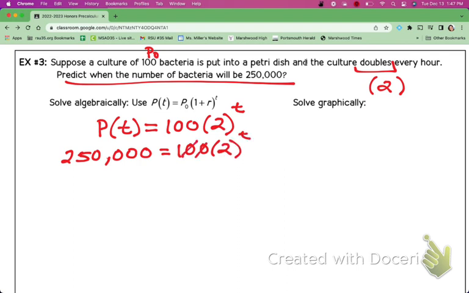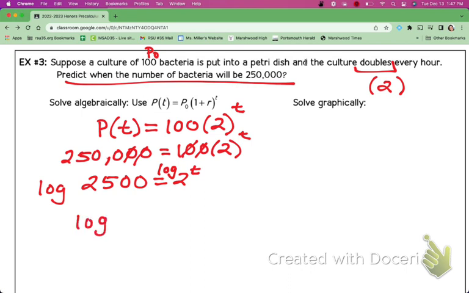I take the zeros out of 100. Then we've got 2500, so 2500 is equal to 2^T. Logs of both sides. So then it would be whatever the log of 2500 divided by the log of 2 is. Is it about 11.287?